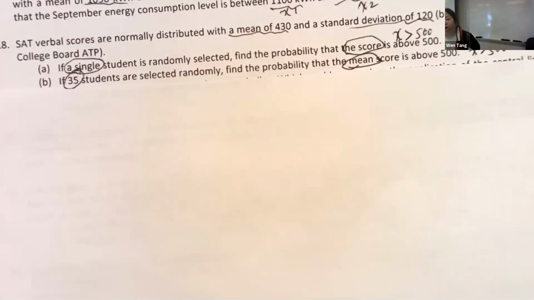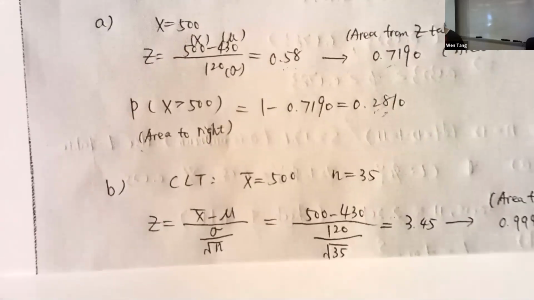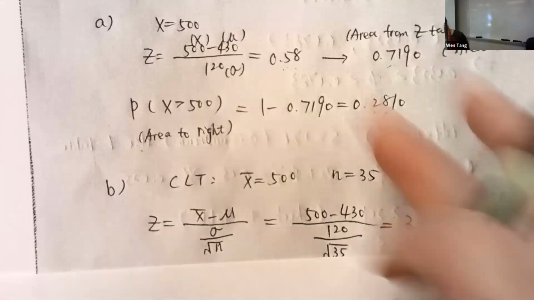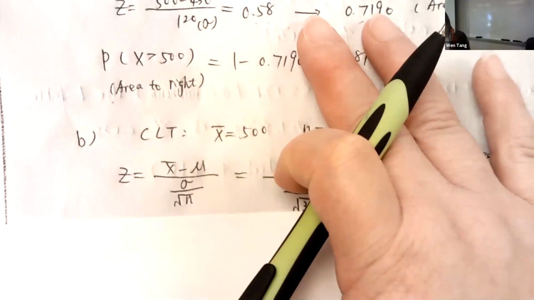Because if we are talking about the mean value of X, we have a totally different formula for the Z-score. Remember, that's called the central limit theorem. So actually this part B is about the central limit theorem. We're going to use a different Z formula.